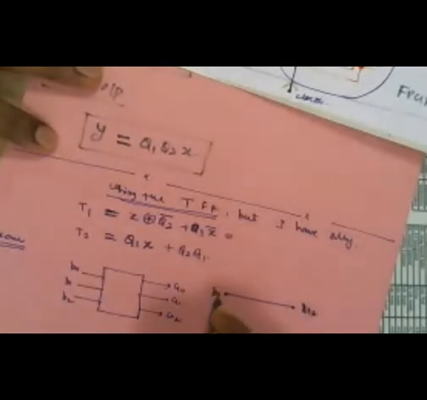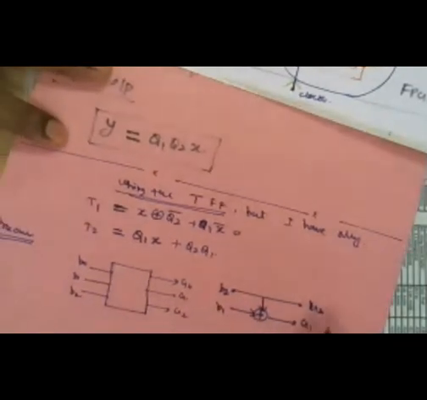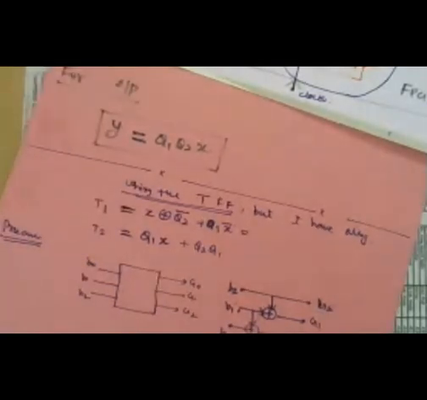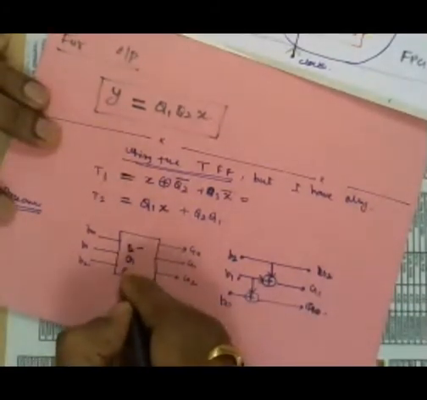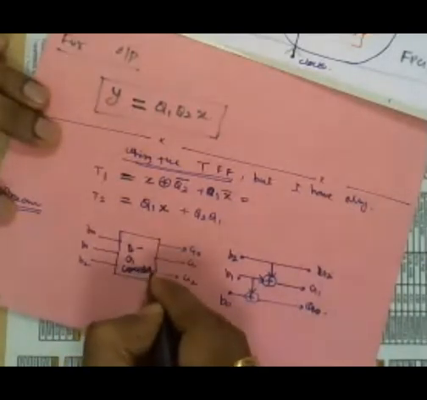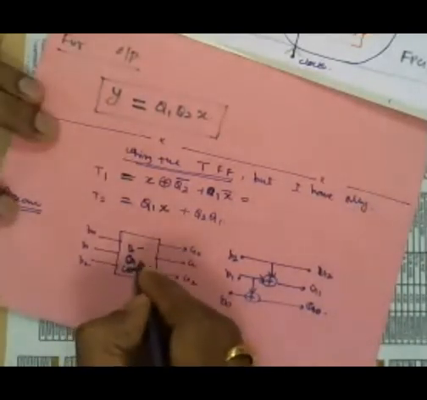G2 is B2, then B2 XOR with B1 will be your G1, and then B1 XOR with B0 will be your G0. So the states we have to decide now. This is a binary to gray converter, a B to G converter circuit.